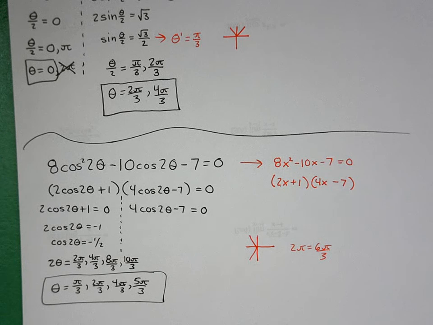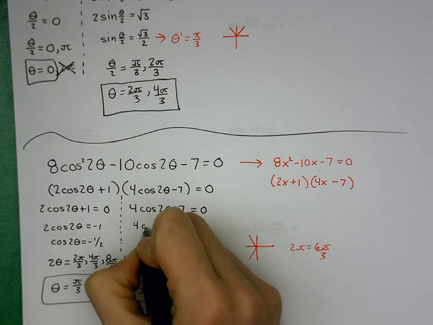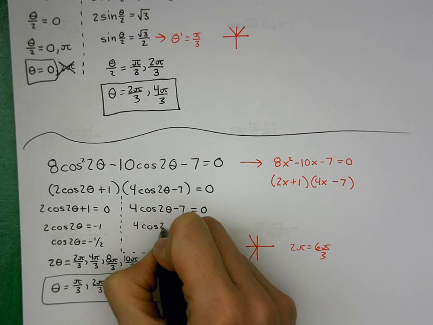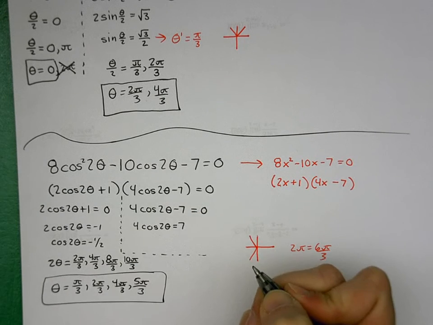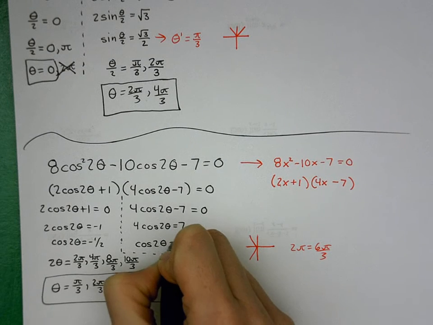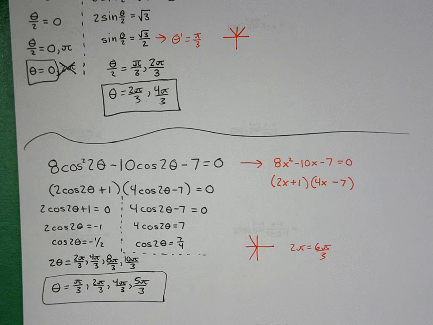On the right side of the equation, isolating our cosine, we get 4 cosine of 2 theta equals 7. Dividing by 4, we get cosine of 2 theta equals 7/4. Unfortunately, there is no answer for this one.